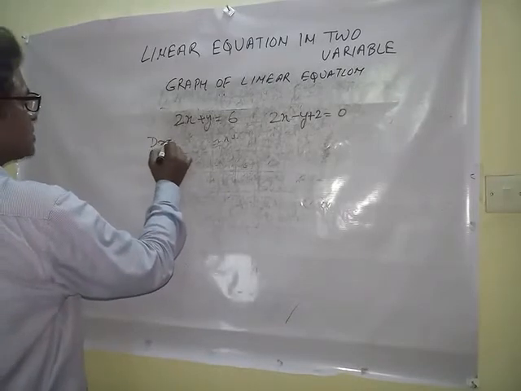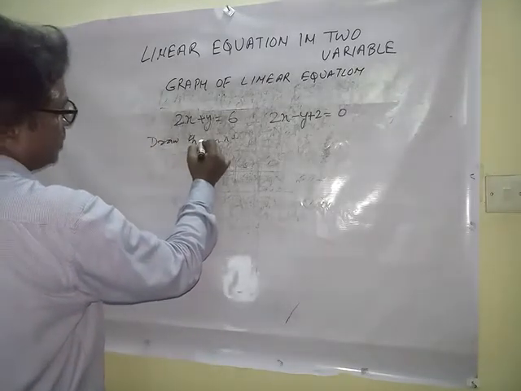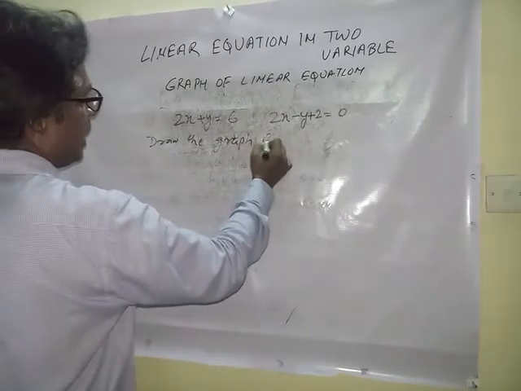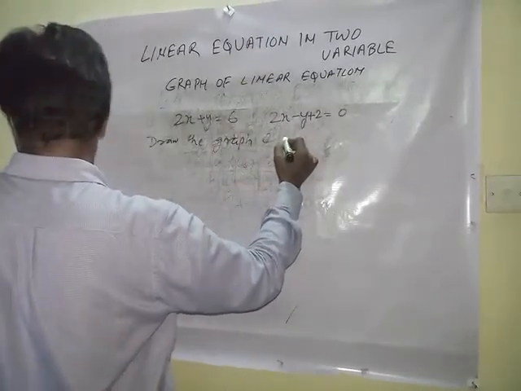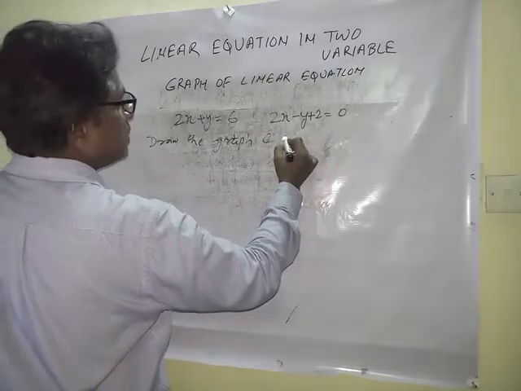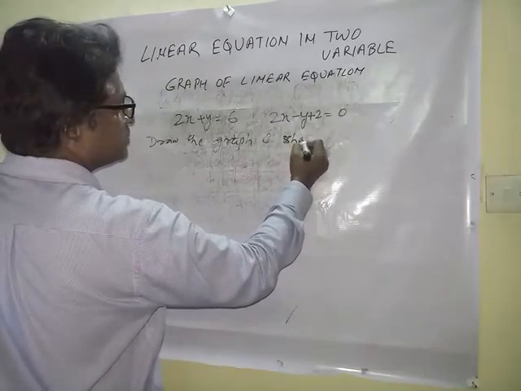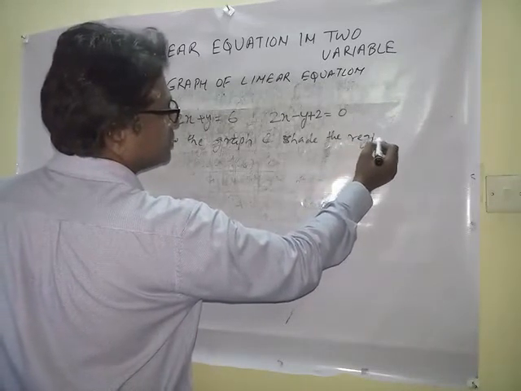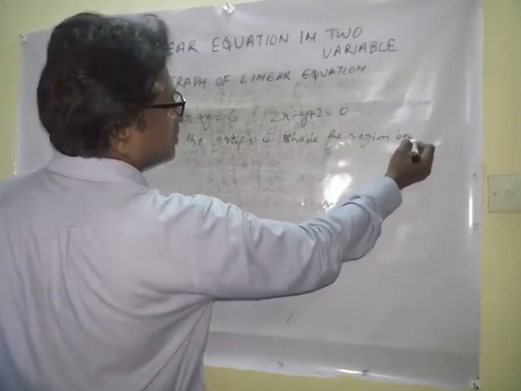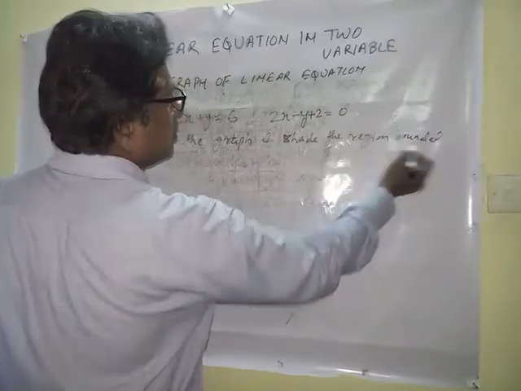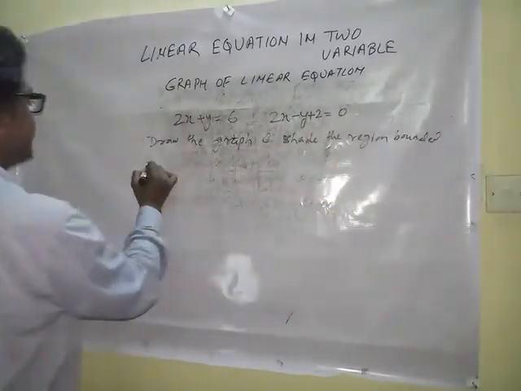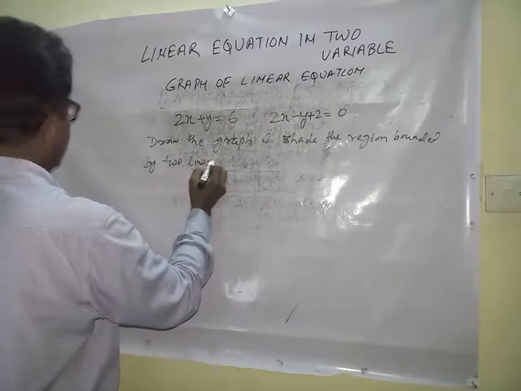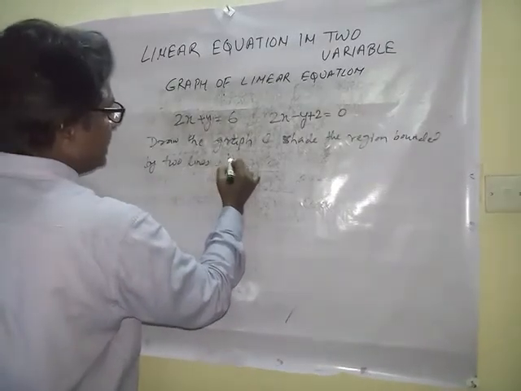You have been asked to draw the graph and shade the region bounded by the two lines, and find the area.